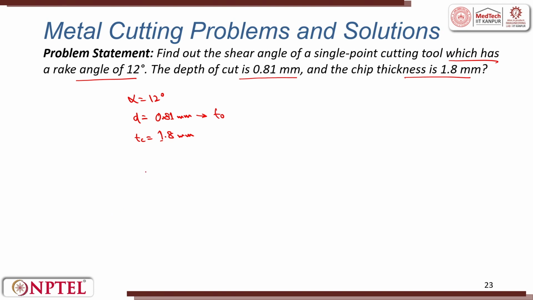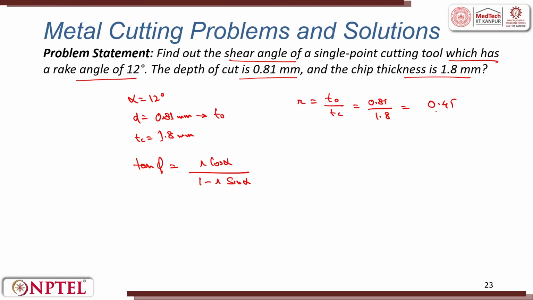Now to calculate the shear angle, tan phi is equal to R cos alpha by 1 minus R sin alpha. So here value of R is to be calculated first. What is R? R is equal to the cutting ratio, that is T naught by Tc is equal to 0.81 by 1.8 is equal to 0.45.